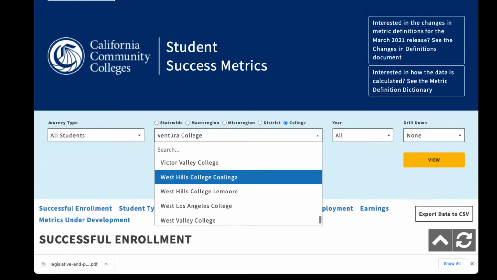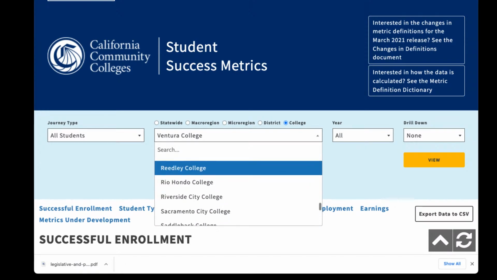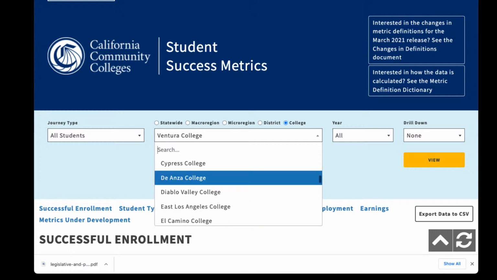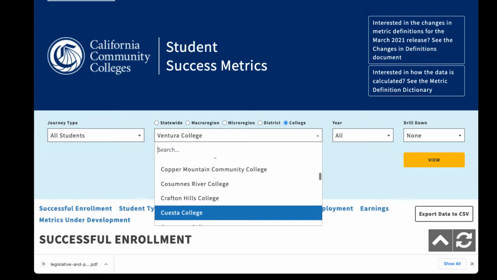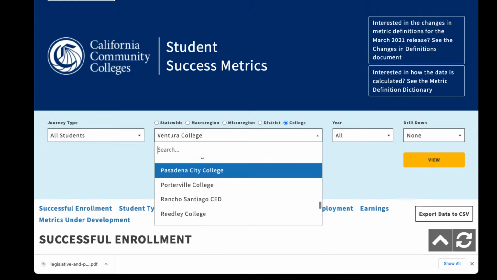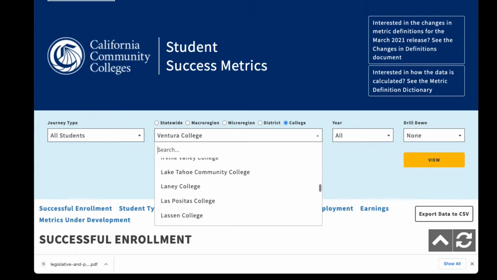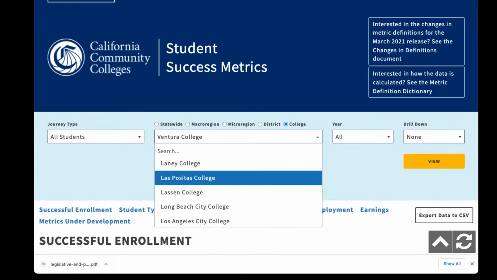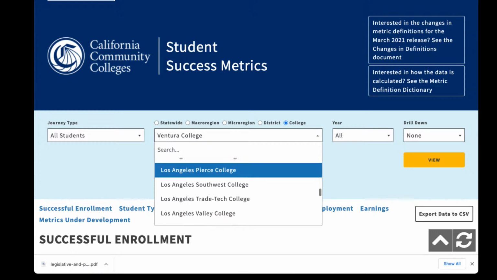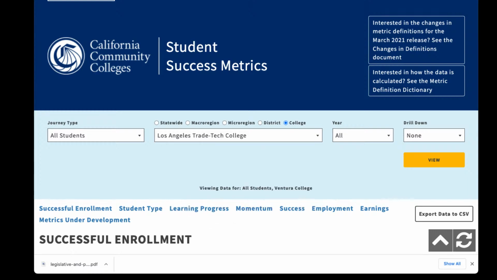Let's pick a college that maybe is known to have students of color. How about if we try LA Trade Tech? Let's see what kind of success rates.